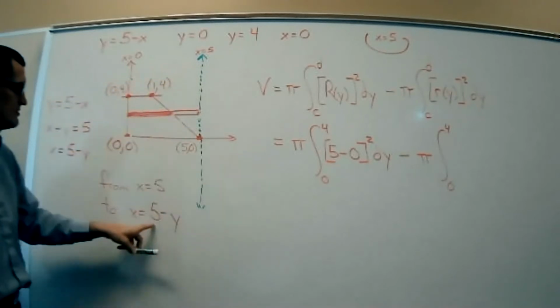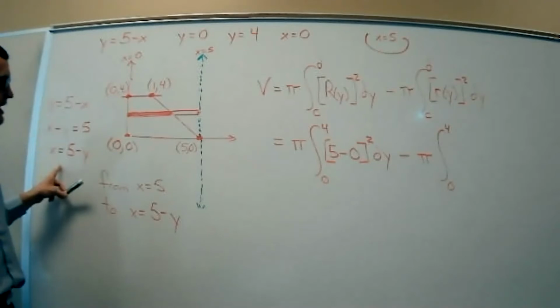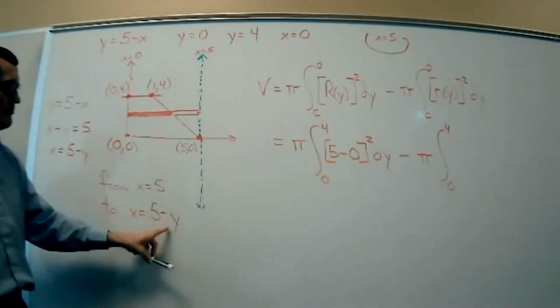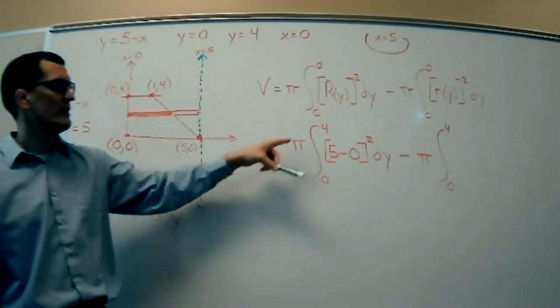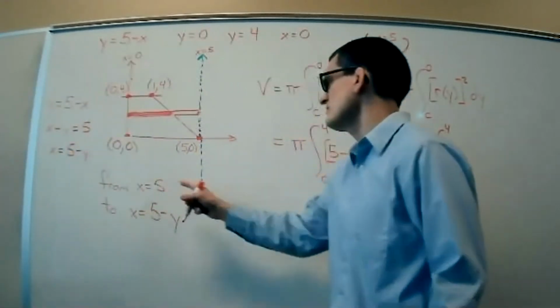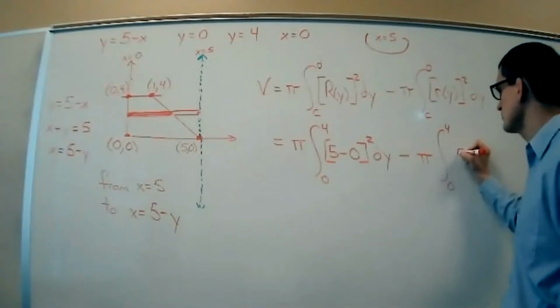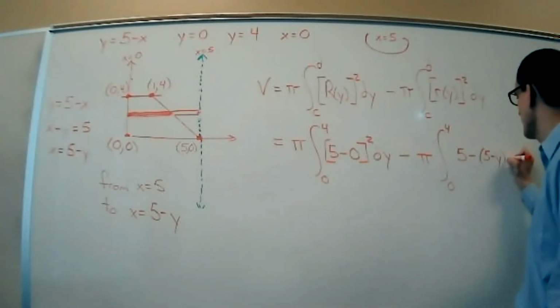All right, again, we have to solve for x, solve with respect to y, so that we can put it in our formula and integrate with respect to y. So 5 minus (5 minus y).